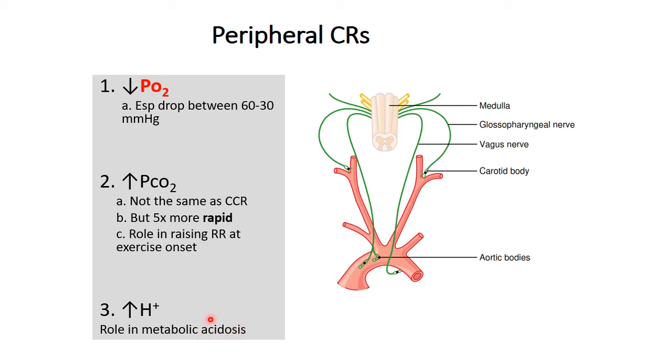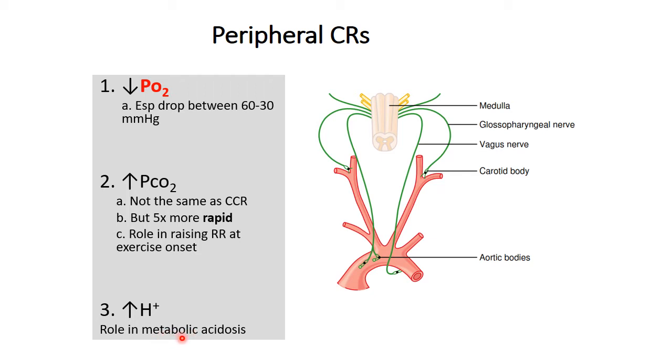The result is acidosis, and this acidosis is of the metabolic kind. If you want to remember it, remember metabolic has to do with the kidney, as opposed to respiratory acidosis, in which the culprit is the lung. Here the culprit is the kidney.